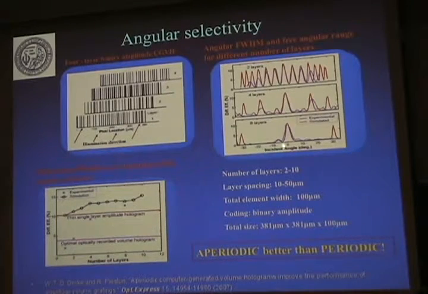Now, these plots essentially show the angular selectivity. As you change the angle of the incident beam, you see a spot in the far field, and that spot is going to disappear as you rotate your incident beam, and then disappear for longer angles if you have more layers.